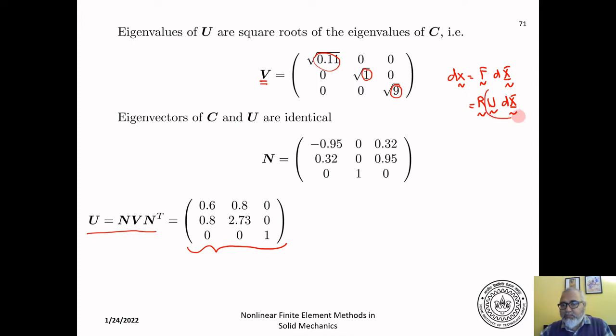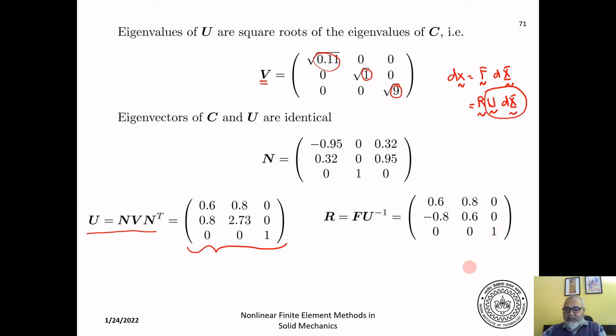So we will do only this part, and then we will do this R, where R is given by this and U is given by this. So first we will take a vector and multiply it by U to get the stretched part, and then we will rotate it by R, and these two operations together should finally give me my simple shear. Let's see how it works out.